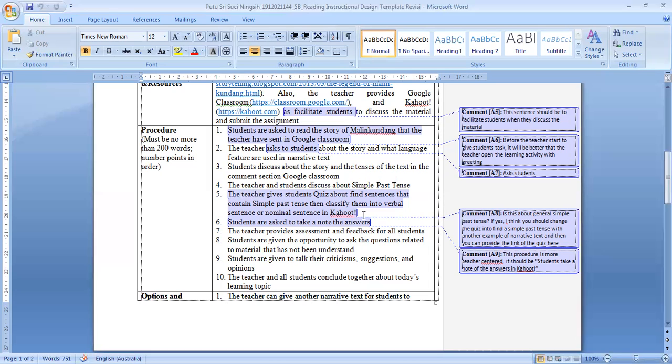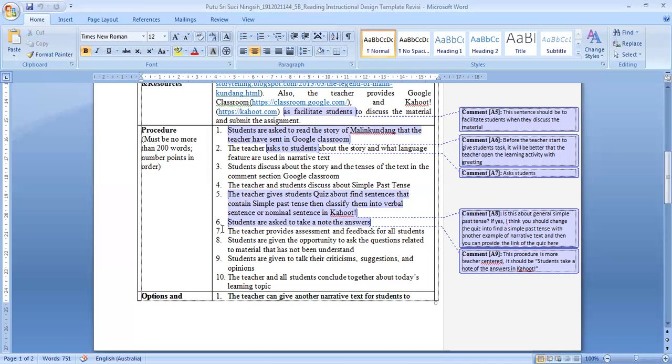Is this about general simple past tense? If yes, I think Suci should change the quiz into finding simple past tense in another example of narrative text, so it will match the topic, that is narrative text. And then you can provide the link of the quiz here in the instruction design.